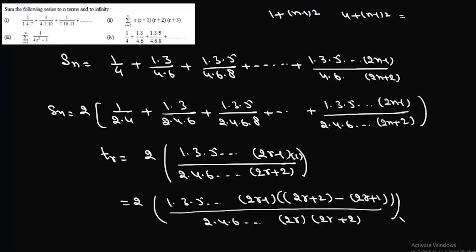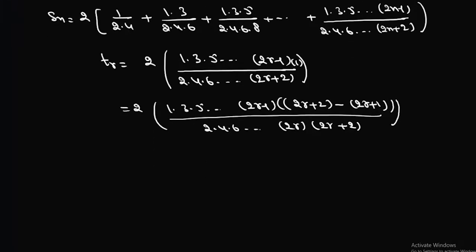Now what we'll do is we'll split it in two parts. Now we can write this as Tr, and this is 2.